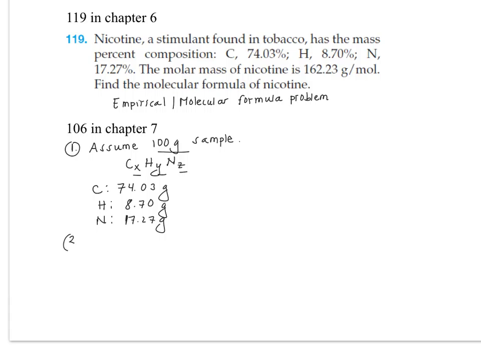Next, we're going to convert our grams of carbon, hydrogen, and nitrogen to moles using the molar mass or atomic mass from the periodic table.